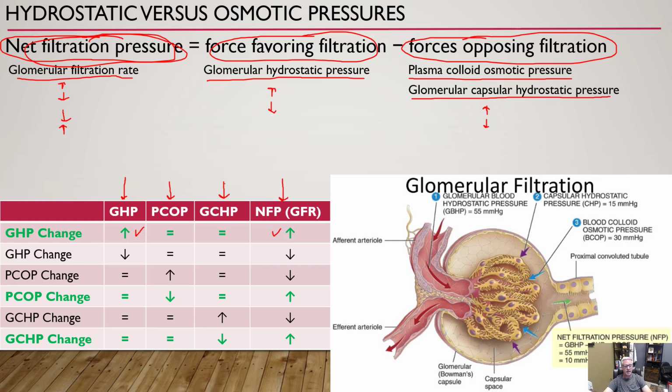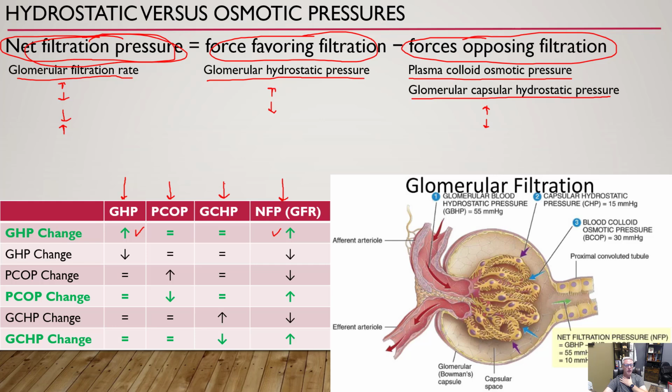So if I said a low blood pressure, you would have to know that a low blood pressure would cause a decrease in your glomerular hydrostatic pressure, which would cause a decrease in your net filtration pressure, which would cause a decrease in your glomerular filtration rate.